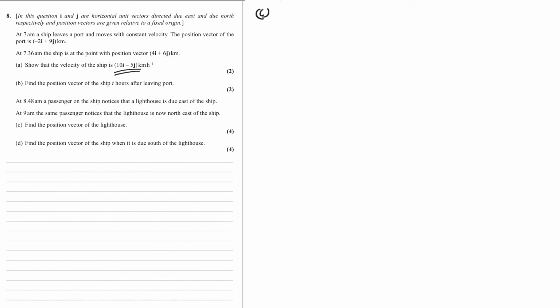Now for part C, we can see at 8:48 the lighthouse is due east of the ship, yeah? And then at 9 a.m., the lighthouse now is northeast of the ship.